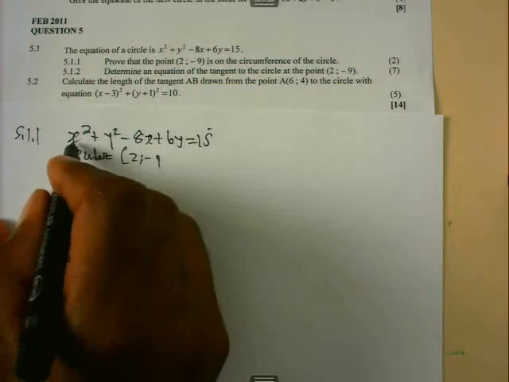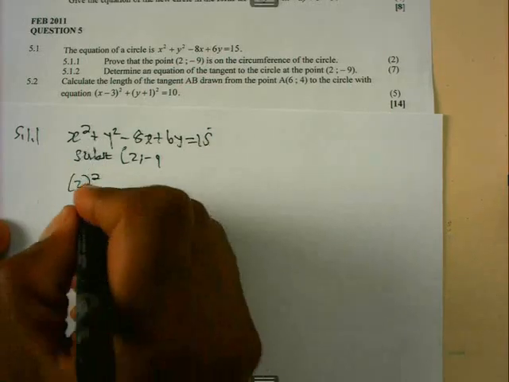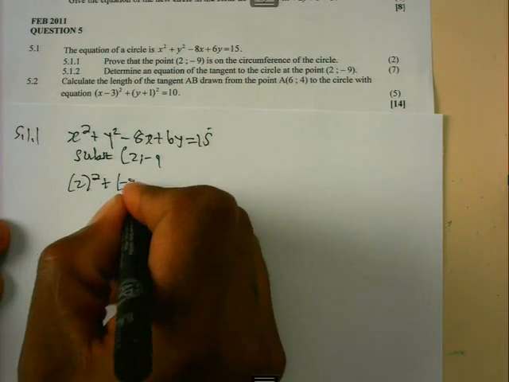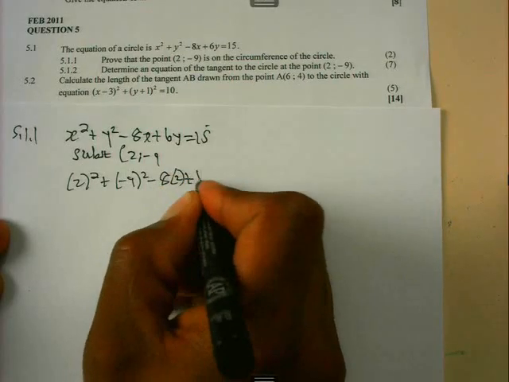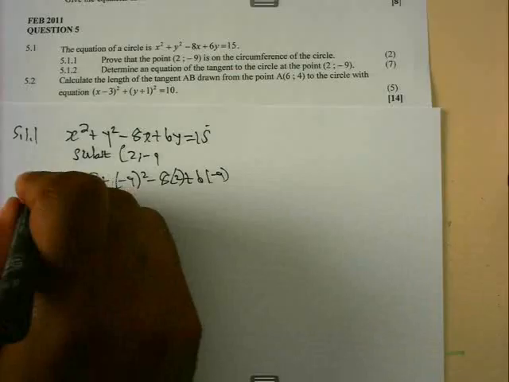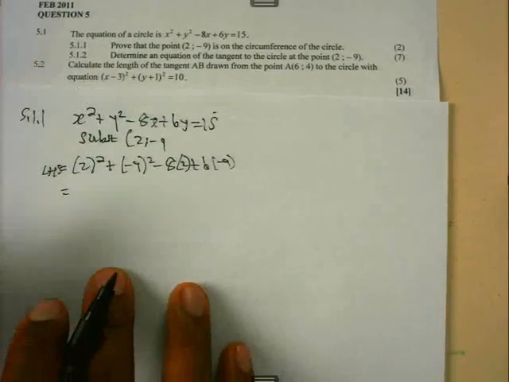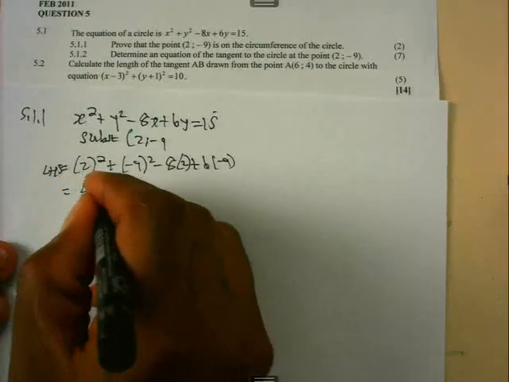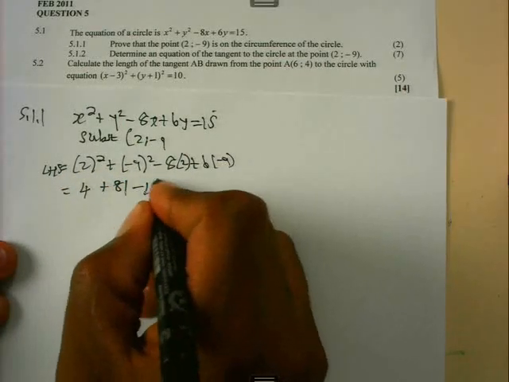Now we have x squared, that will be 2 squared, plus y, which is minus 9, squared, minus 8 times 2, then plus 6 times minus 9. Let me call it the left-hand side. From here, 2 squared is 4. Minus 9 squared is 81. Minus 16.